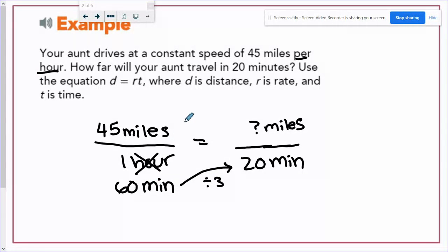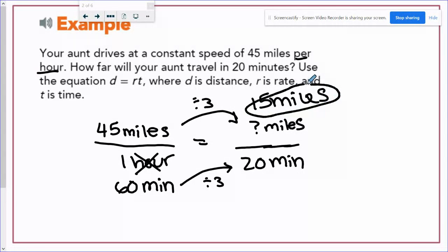If I divide my amount of time by 3, I can also divide my mileage by 3 to keep the equivalent rate. 45 miles divided by 3 would be 15 miles. So your aunt can travel 15 miles in 20 minutes. All right, let's move on.